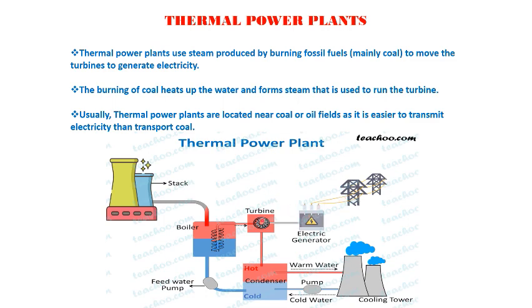Whatever steam is present within this turbine box, that hot steam is transported along this line and it is present within this condenser. As here is cold water, this cold water and hot water mix and it comes to a normal temperature.